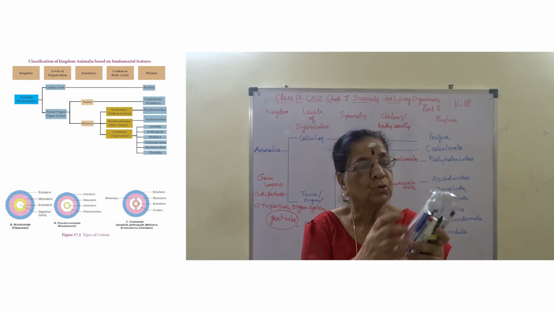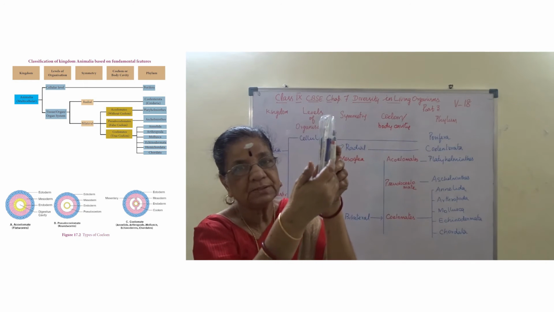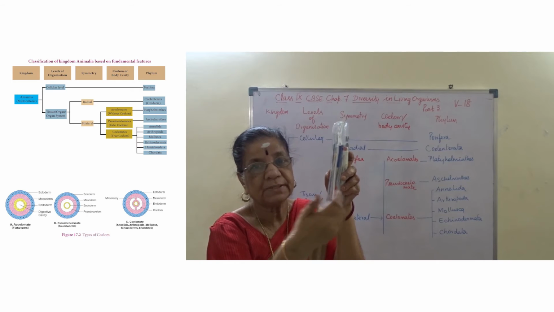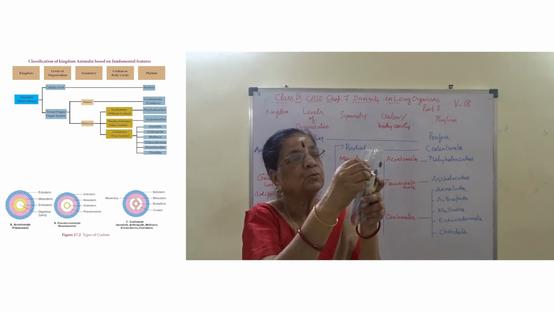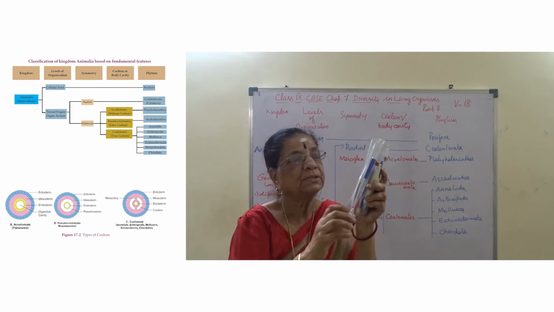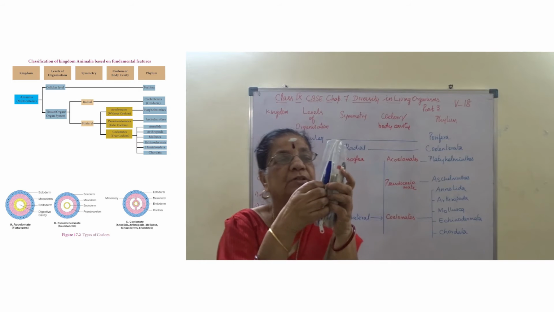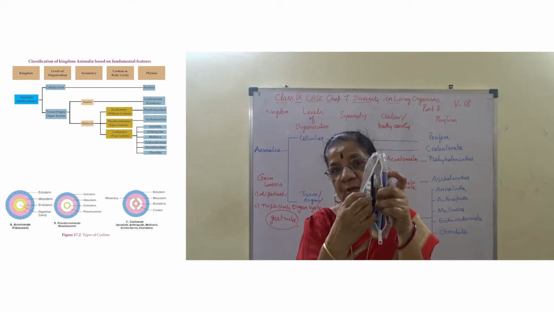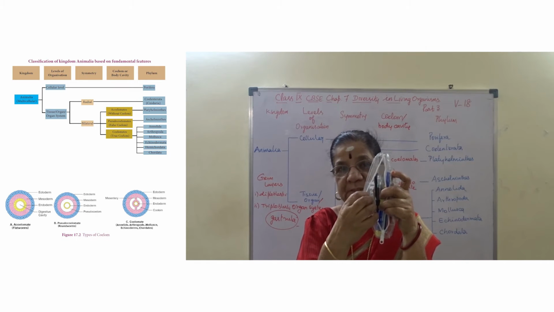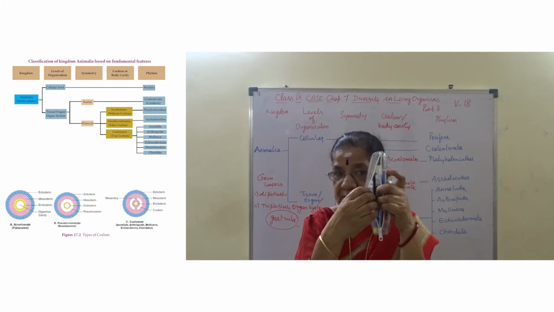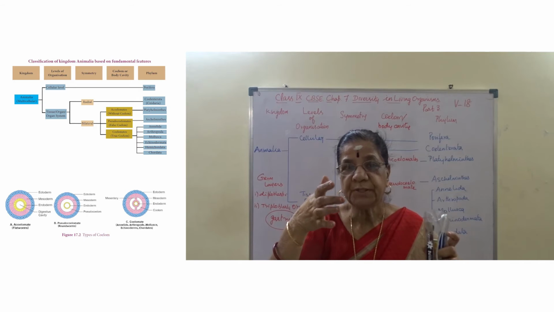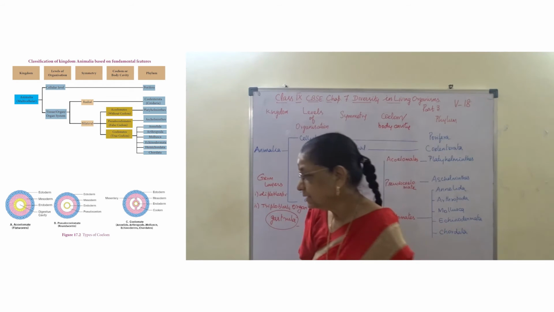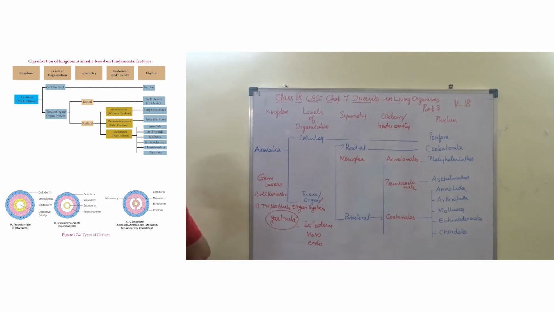Now I cut open the center of the body, like this. So when you spread the body like this, what do you observe? Something inside. Is it not? But when you cut open the body, we find certain internal organs.